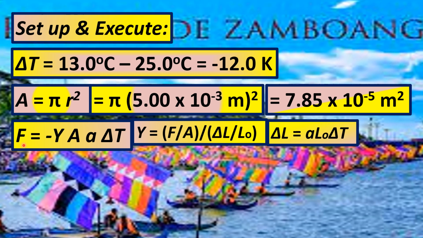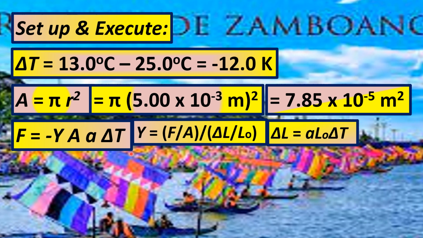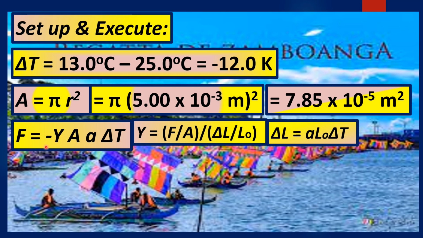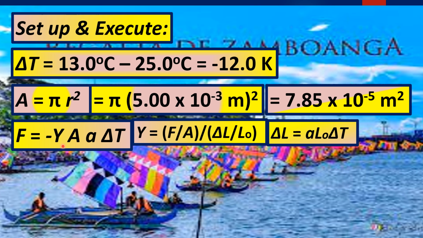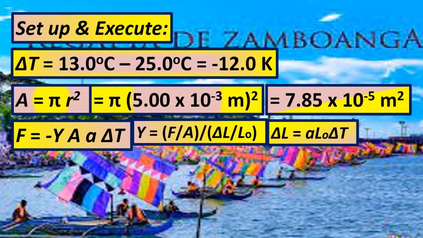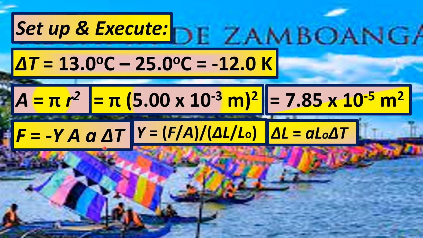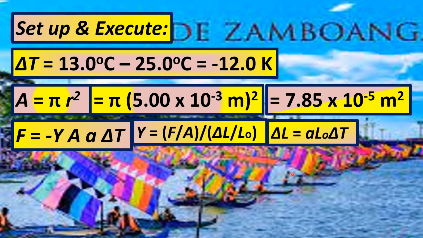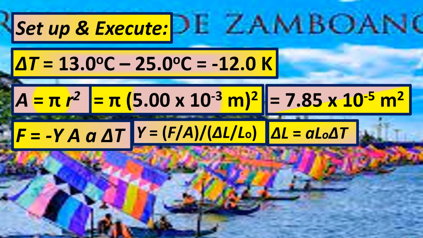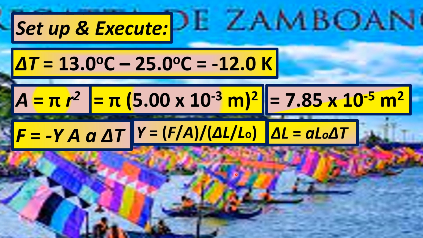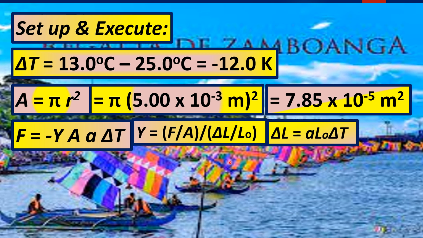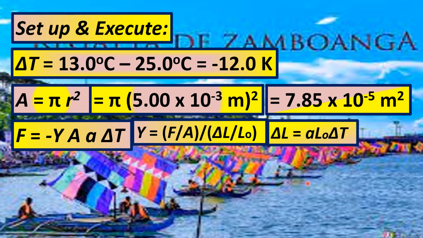The negative sign simply implies that the force capital F that is exerted on the material, which is the rod, is in fact opposite in direction but equal in magnitude to the force that tends to, in this case, decrease the length of the rod because there is a decrease in its temperature.